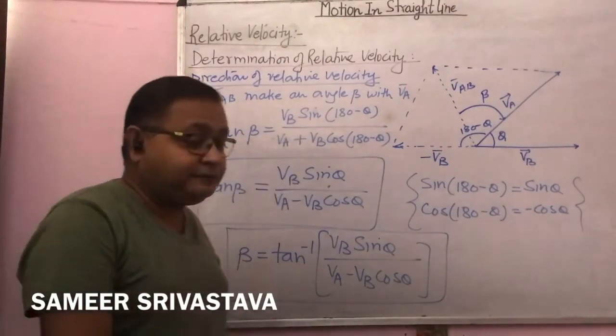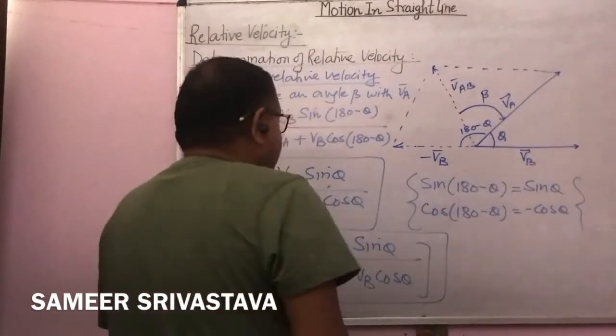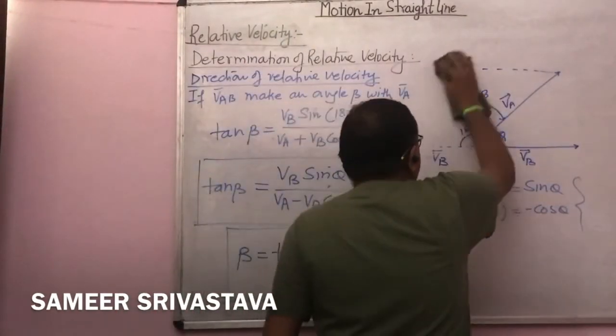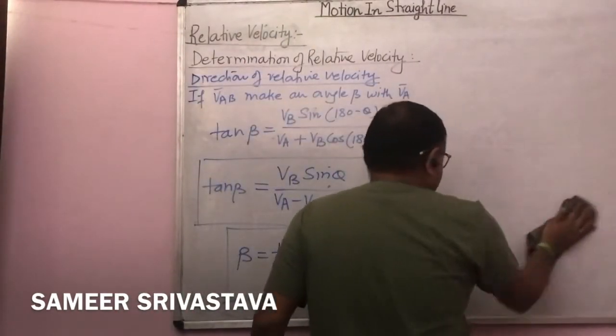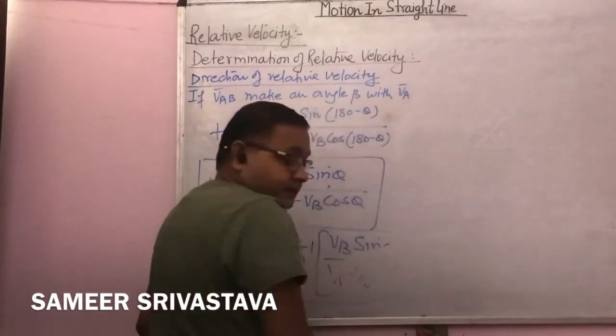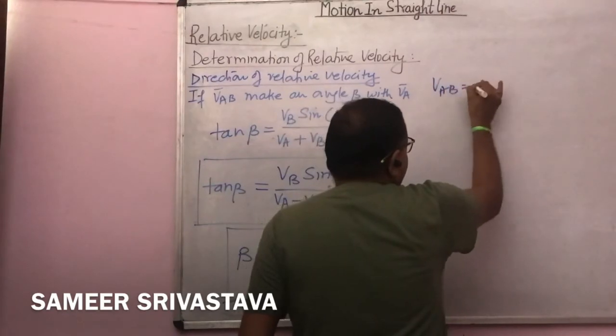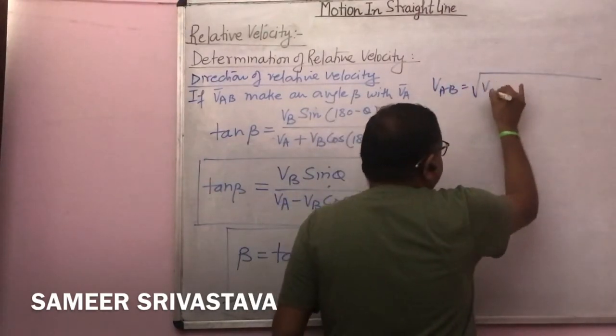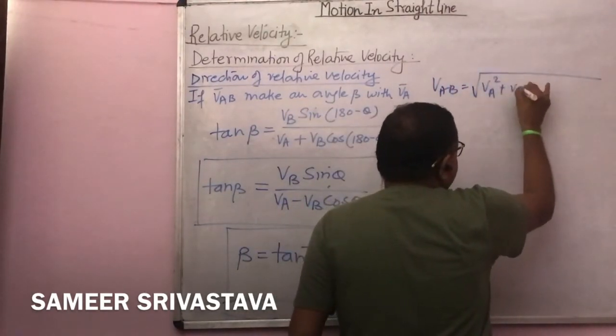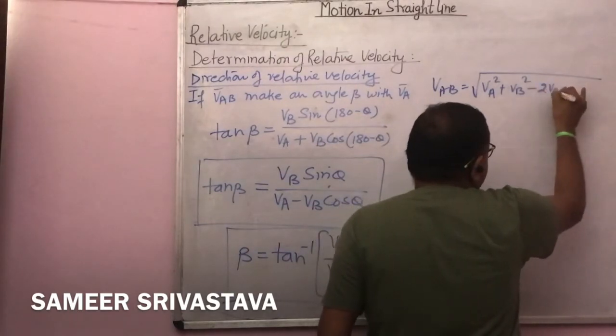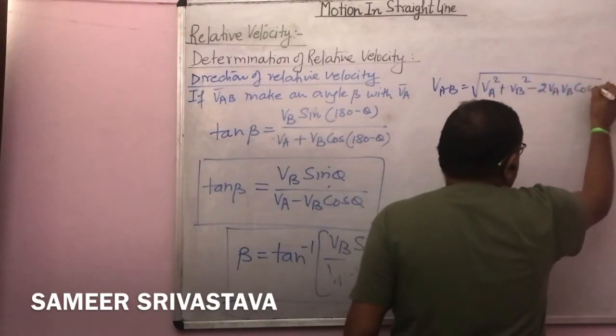Now by the magnitude formula, I am also going to say one more thing, please. The magnitude formula was VAB equal to under root VA square plus VB square minus 2 times VA VB cos theta, right?